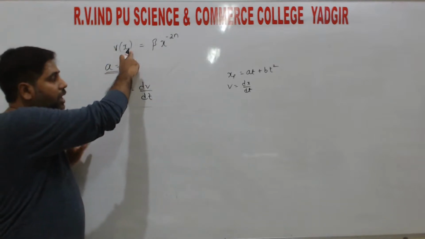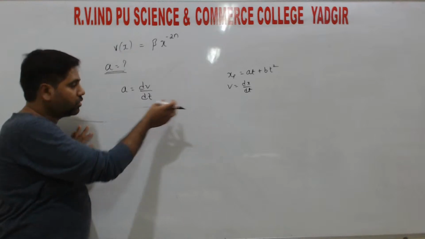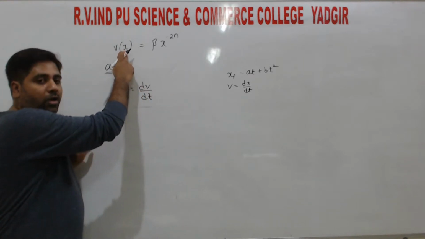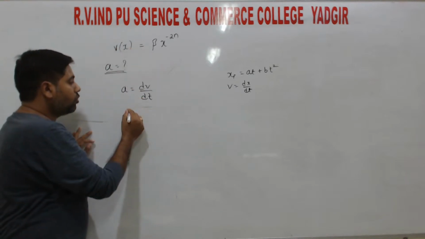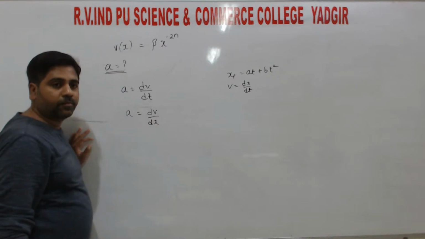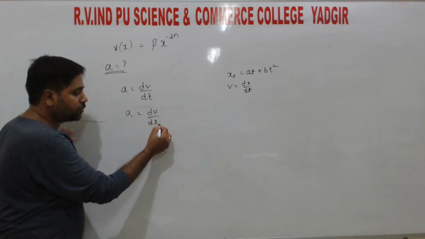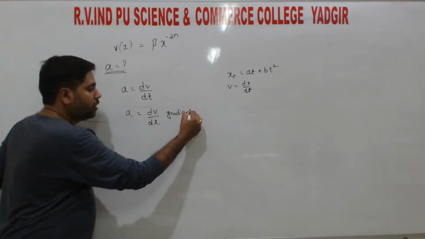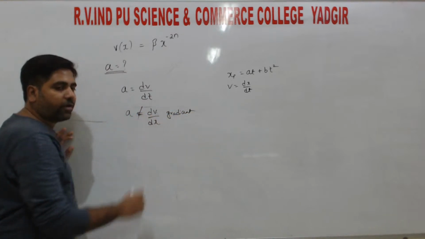With respect to time it would be easy to simplify, because it is dv by dt, right? But the given velocity is with respect to x, so we can't differentiate a equals dv by dx. If we differentiate dv with respect to dx, it gives the gradient. So a is not equal to dv by dt.